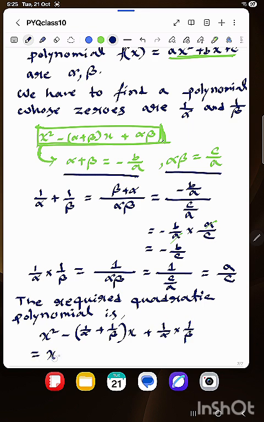Okay, so x square minus b by c x plus a by c. So this is your equation, this is your polynomial, sorry.